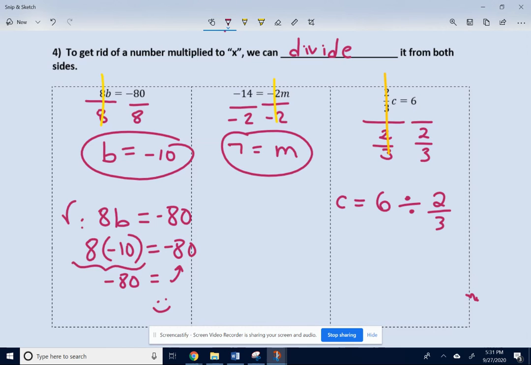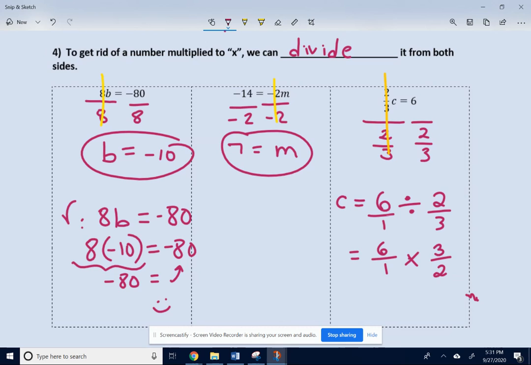Okay, we can do this. Remember, when you divide fractions, make sure they're both fractions. 6 isn't. So we're going to put a 1 underneath, because 6 divided by 1 is the same thing as 6. Now we're going to copy, change, flip. Copy the first fraction, change divide to multiply, flip over the second fraction.